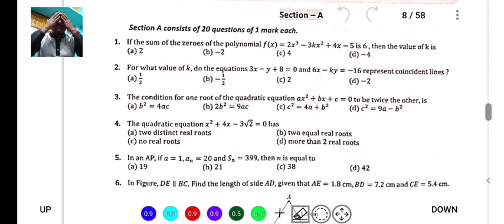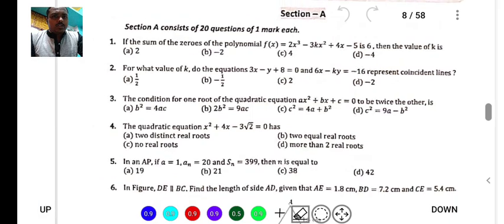If you start the MCQ in fresh mode, it may take more than 1 hour, but after doing sections B, C, D, you can do it in maybe 40 or 45 minutes, because you have done many problems. So the choice is yours, but I am starting with section A.